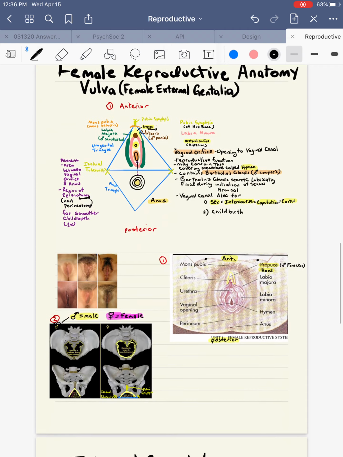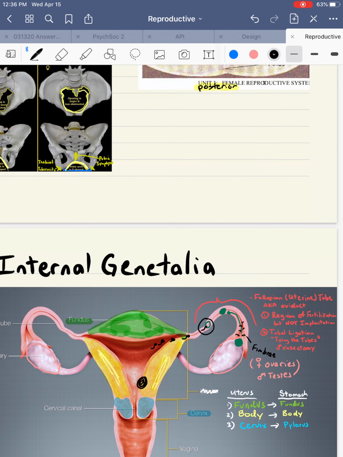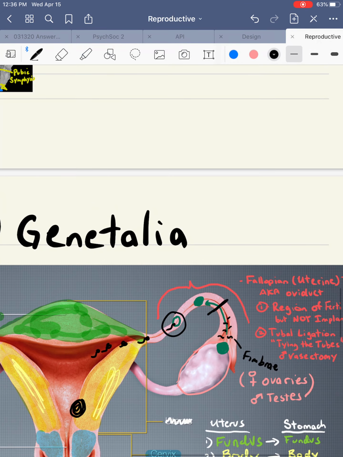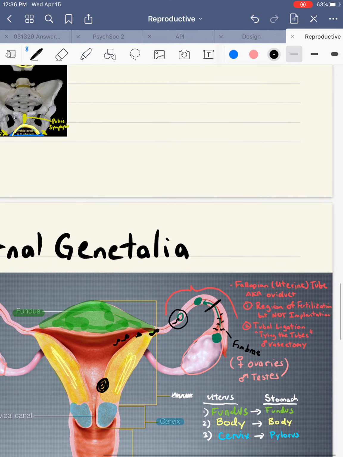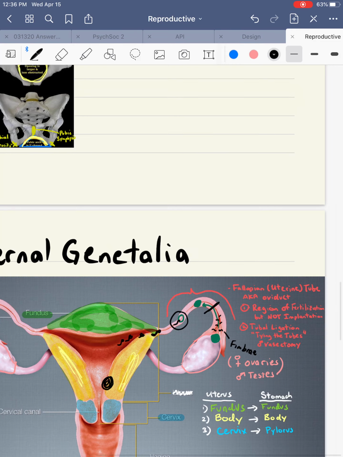In a woman, if we go back to this diagram, if she gets her tubes tied, let's say you tie this part of the tube over here, that egg can no longer reach the sperm, which is right over here. Therefore, fertilization cannot occur, right?